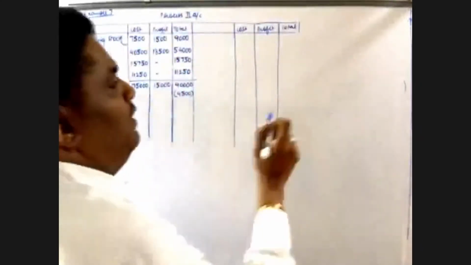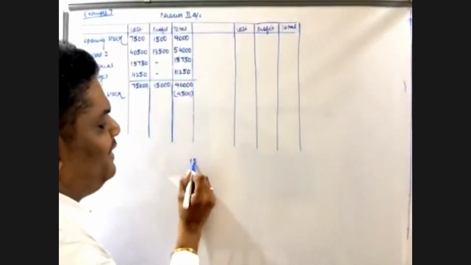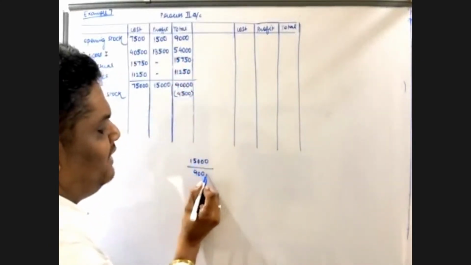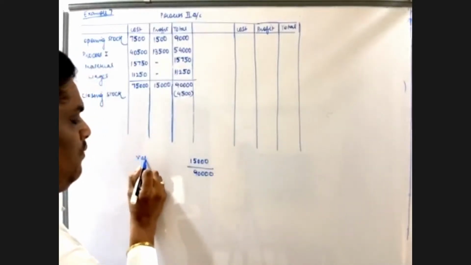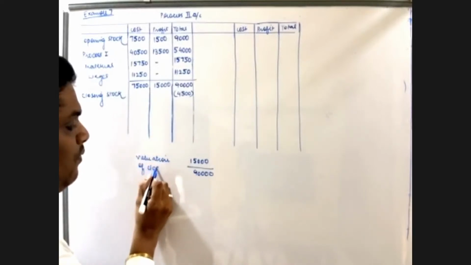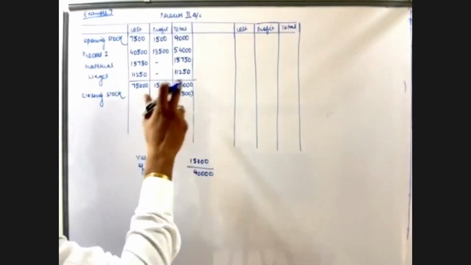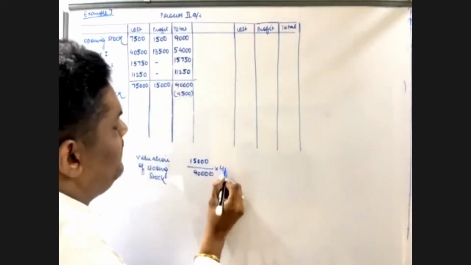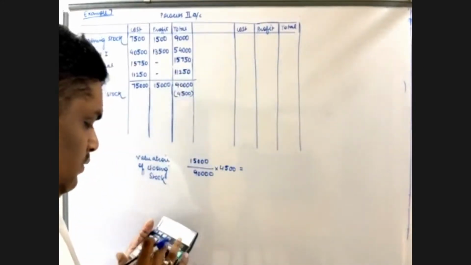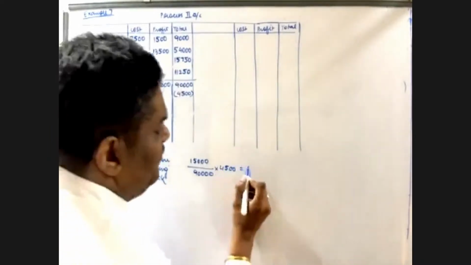So my profit is 15,000 on 90,000. So how much will be the profit on 4,500? 750.